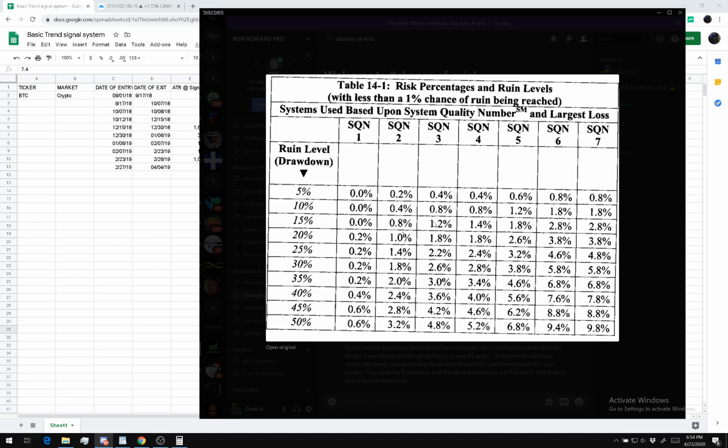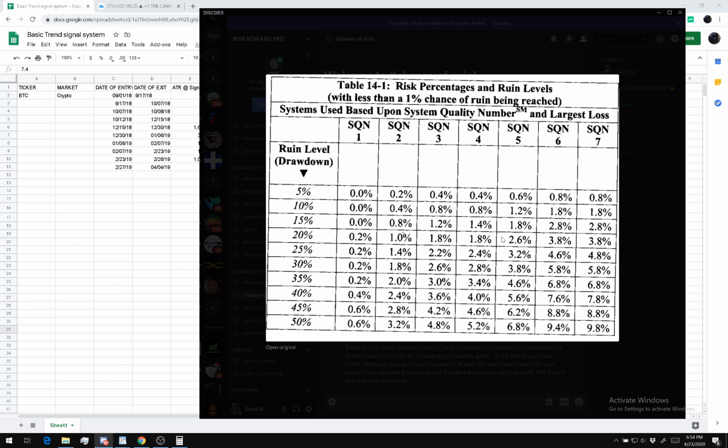So you can really see how valuable this is. These are the charts you use to manage your account, to decide what is the optimal risk percentage for me. And first, you have to figure out what your goals are. Is your goal to maintain your capital, or is your goal to grow as fast as possible?